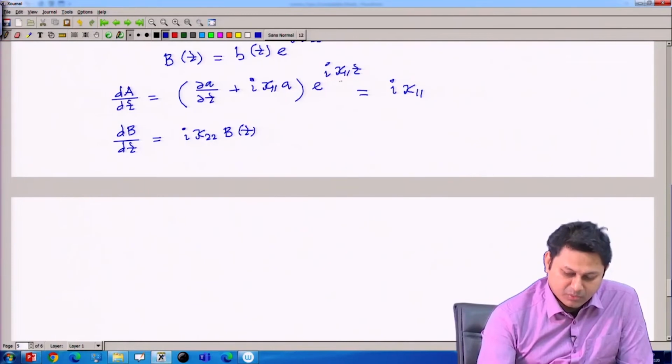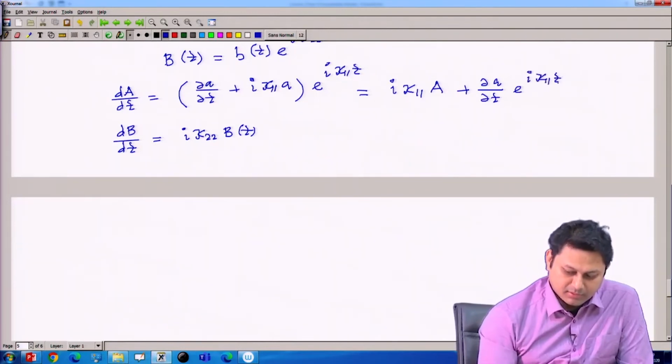So, I kappa 1 1 z I can write as a, and then the rest of the term plus, say, dA dz e to the power of I kappa 1 1 z, like that, and B I can also write in this way.